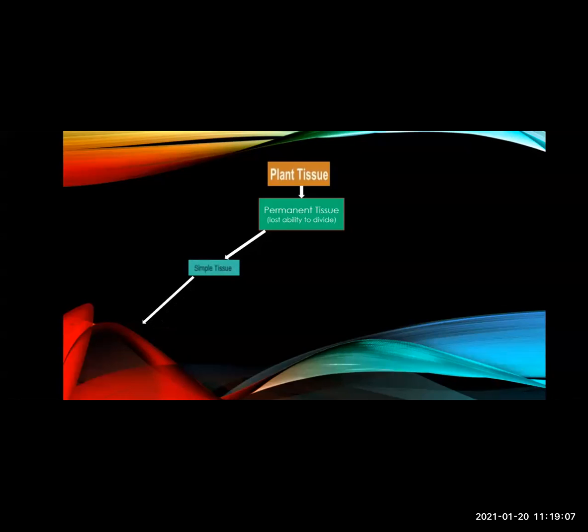In simple tissue, we have studied three different tissues. First is parenchyma cells. These parenchyma cells are polygonal or oval. They have a very thin wall and rich cytoplasm. They are also known as living cells.